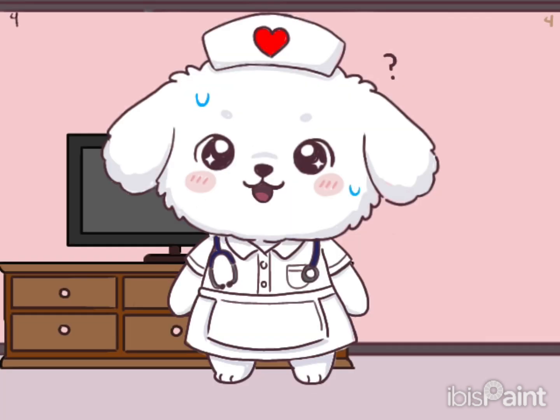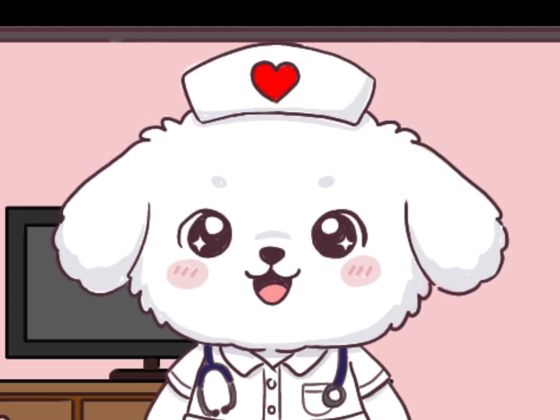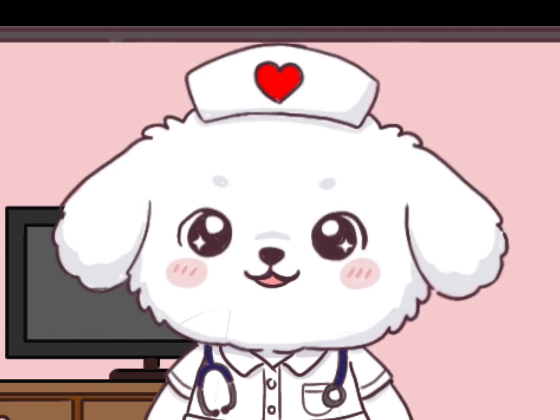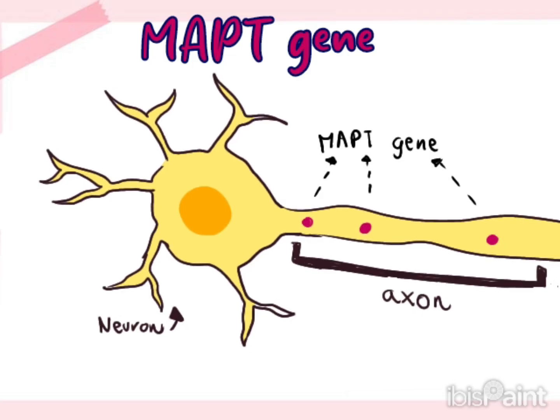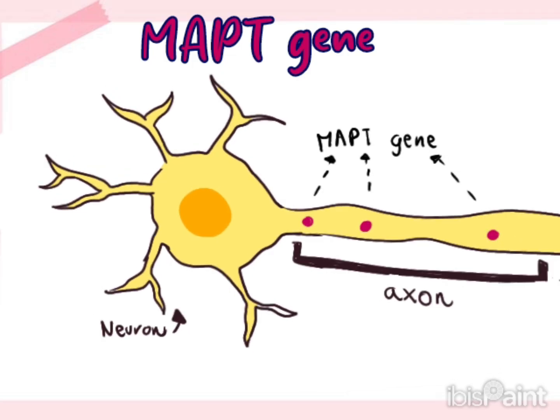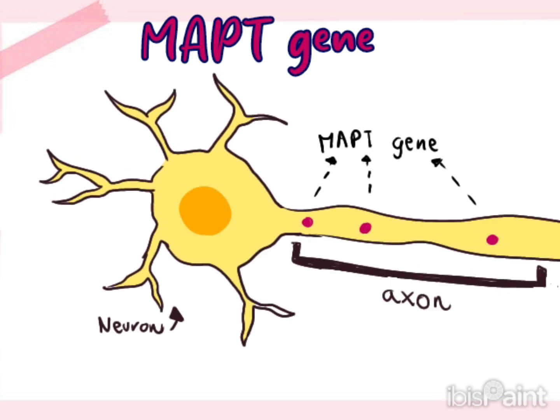Another important gene is the MAPT gene, which codes for the tau protein. Tau lives inside neurons, especially along the axons, and its job is to stabilize microtubules, the internal skeleton and railway system of the cell. Thanks to tau, materials can travel up and down the neuron.